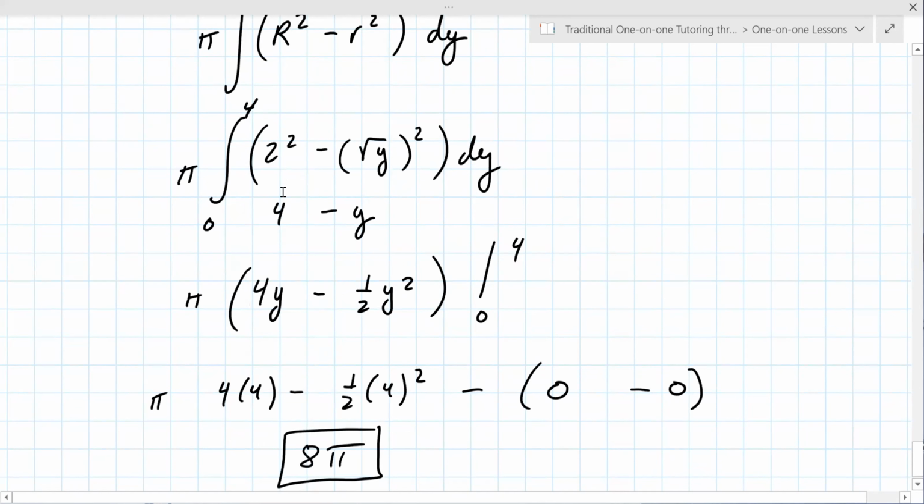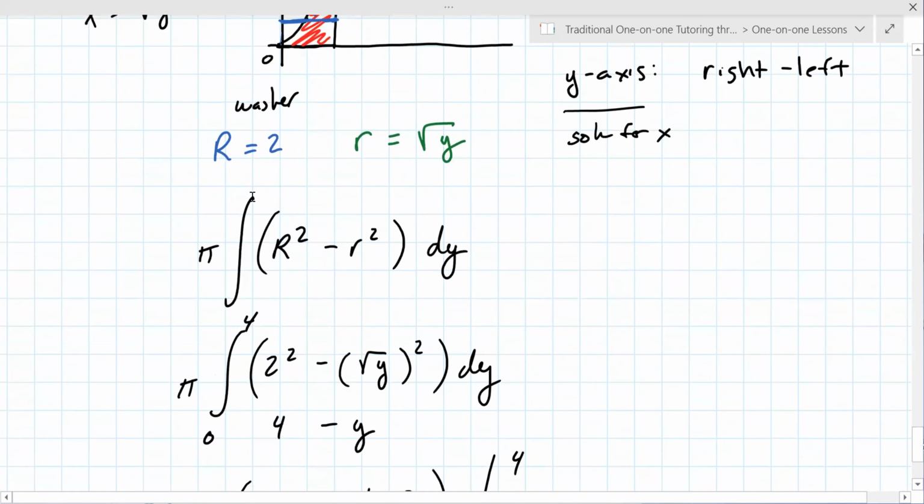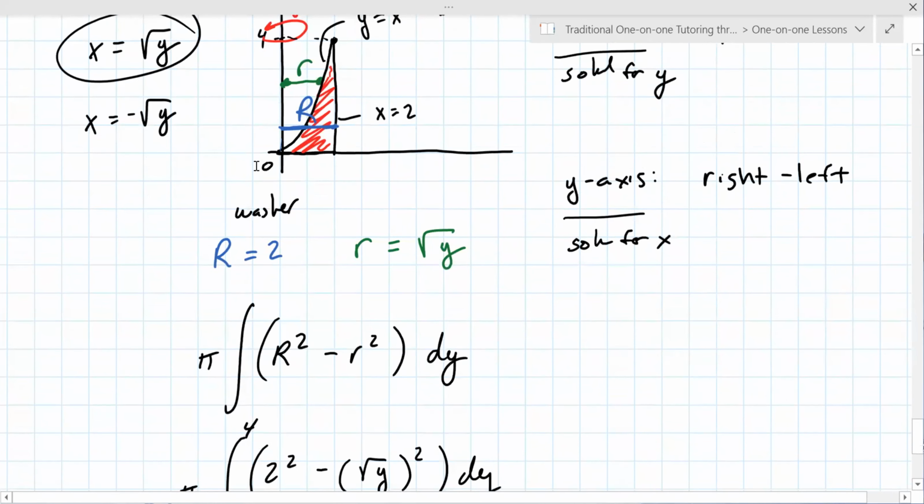How did you get the limits again? Limits come from, because you're revolving around the y-axis, wherever it hits them. Sorry, it just clicked.